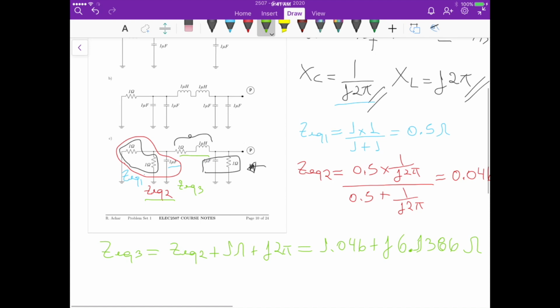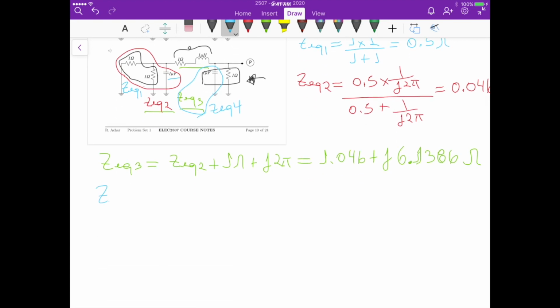And now this ZEQ3 here is in parallel, first, with this capacitance here. That's our ZEQ4, right?